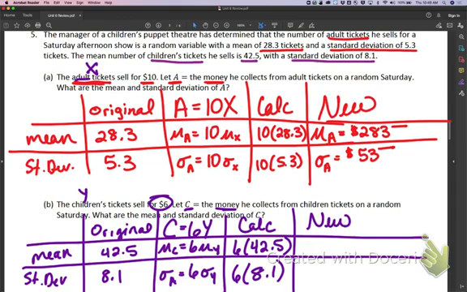My new distribution, the mean for the children's dollar amount that he collects is $255 with a standard deviation of 48.6. So now I know not only how many tickets he sells, but I also know how much money he makes, which is probably what he really cares about.